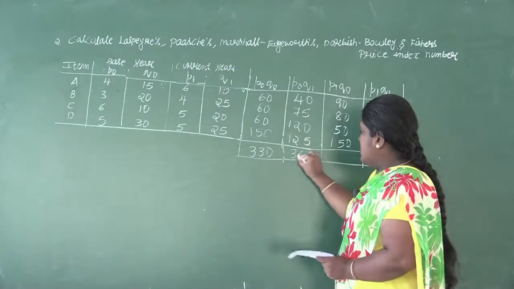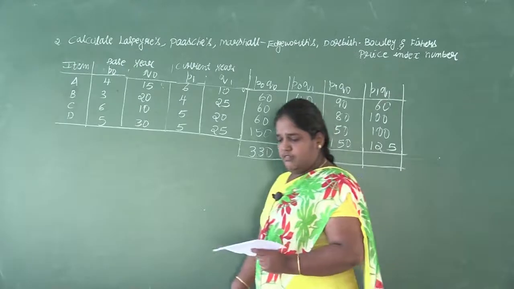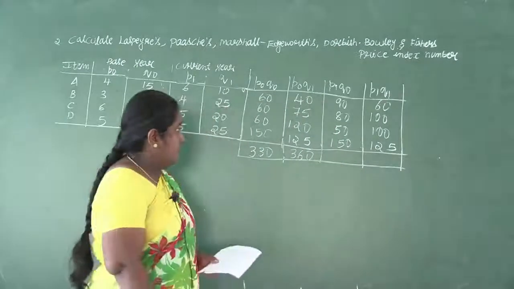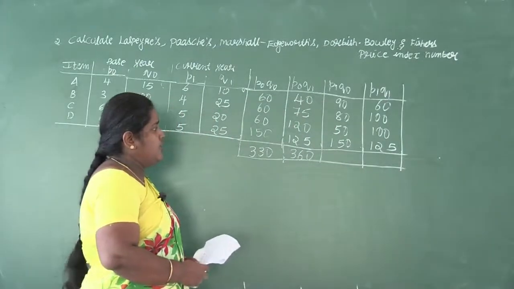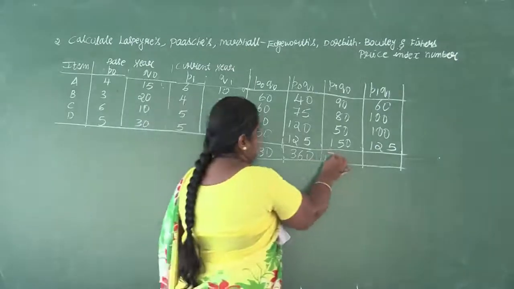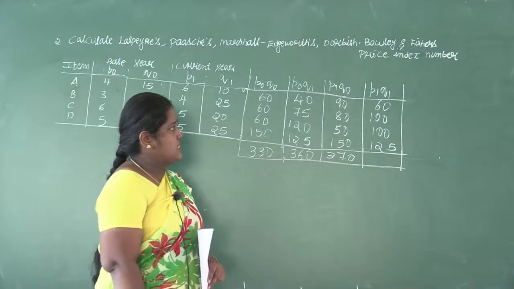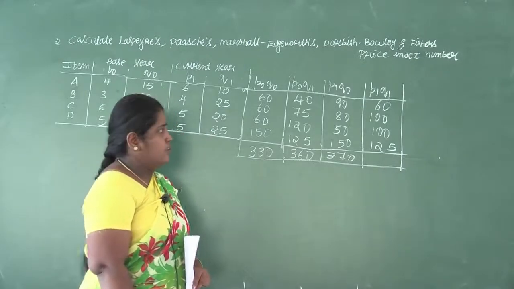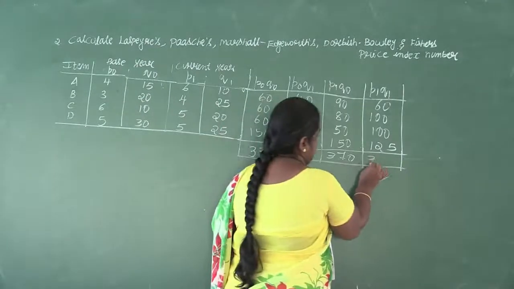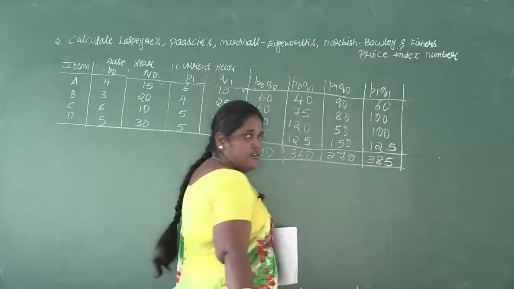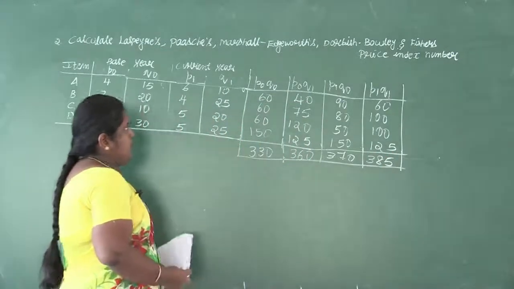It is 360. Then P1 Q0: 90, 80, 50 and 150, 370. Then P1 Q1: 60, 100, 100, 125, it is 385. Then we have to use the formula and calculate the values.